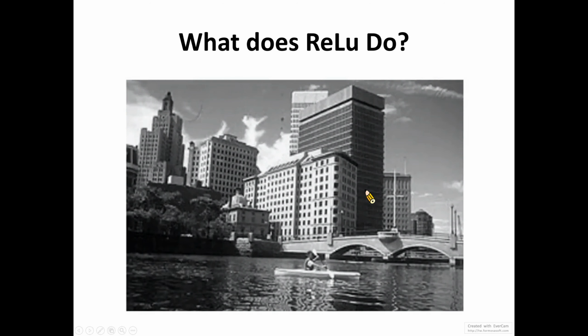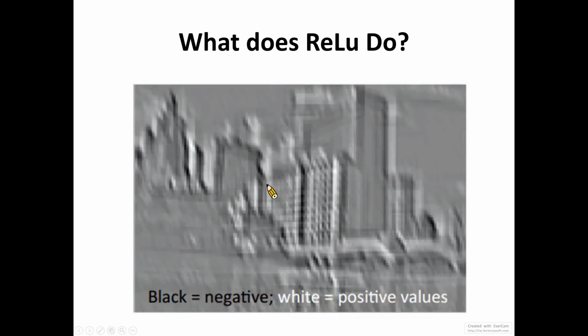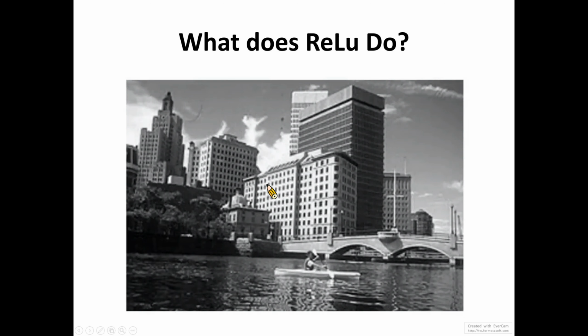So what does ReLU, which is called rectified linear unit, do? With these images, once we use the feature detectors to process these images, then we can use ReLU to simplify the information. So here you see some buildings, okay?